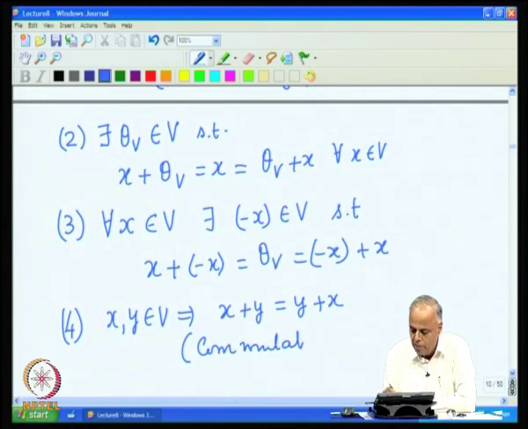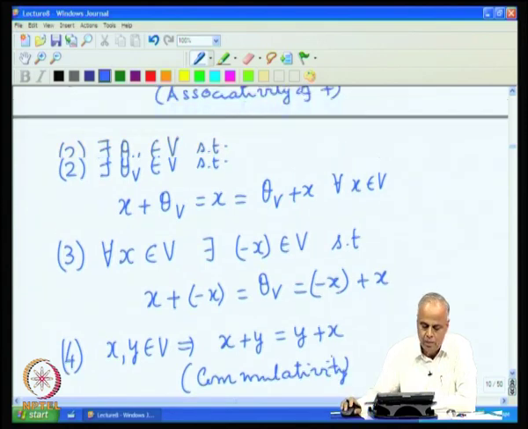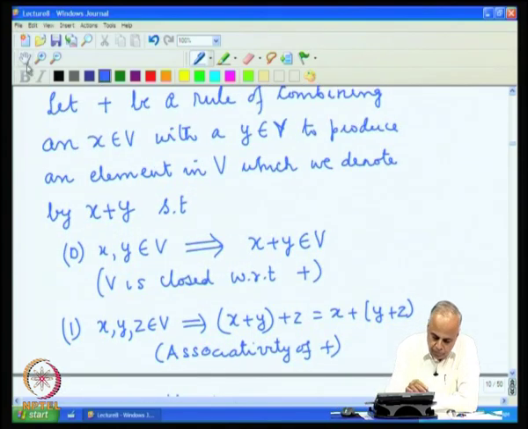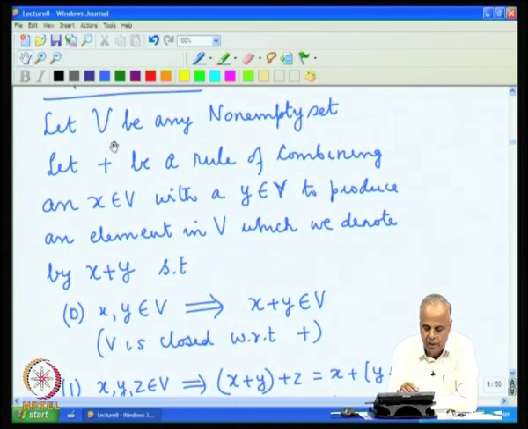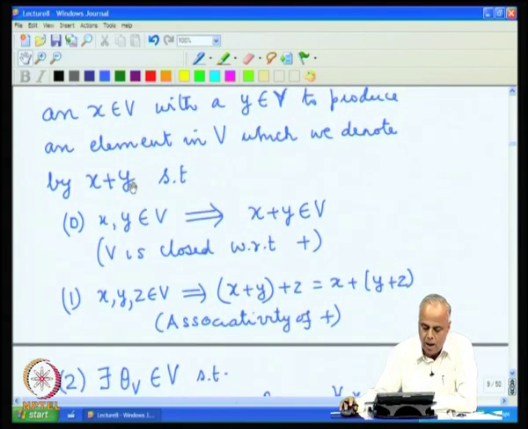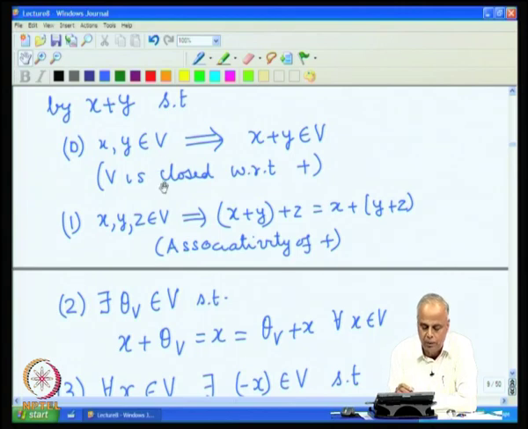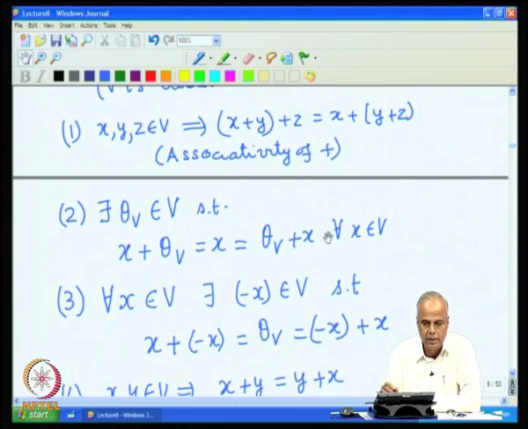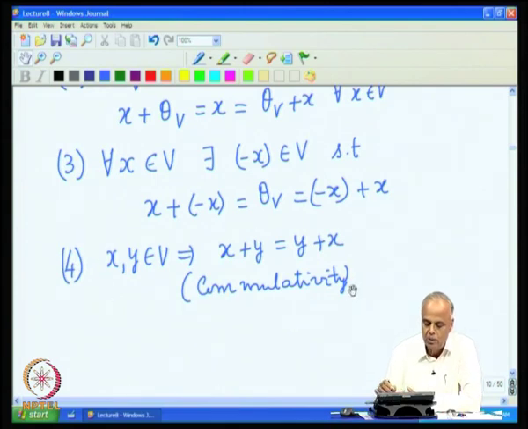So, whenever we start with an arbitrary set V, and we have a rule of combining two elements in that set, and if that combination rule obeys these properties, namely V is closed with respect to this plus, that is, the result of adding or combining two elements is again in that set, the set is self-contained with respect to this operation, and this rule is associative, and there is an element akin to the 0 element in real numbers, and there is the negative of every element, and the rule of combining is commutative.